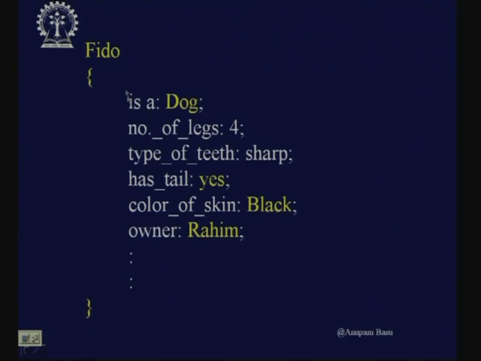And even earlier the color of skin was blank, because I cannot attach any particular value to the color of skin of the concept dog. Okay. Now, you see here, when I describe this, that is automatic.